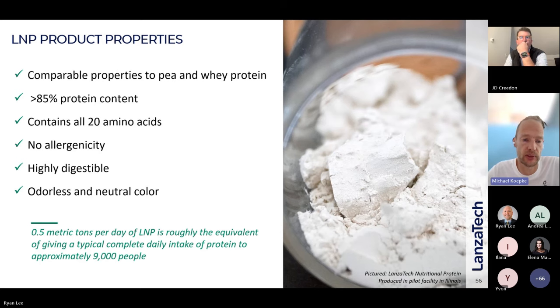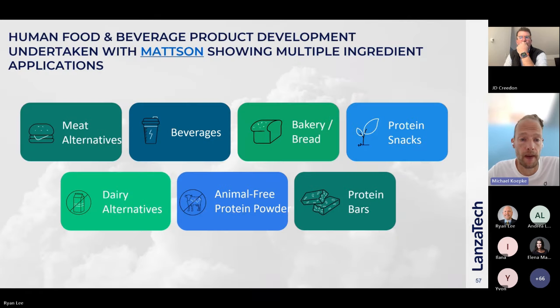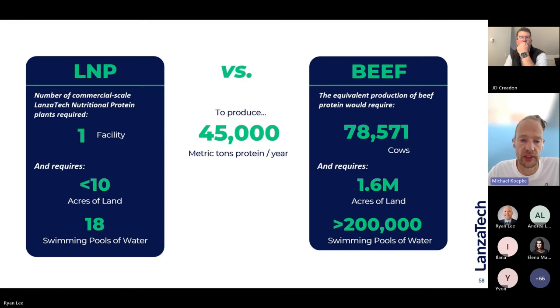And continue one slide. We've already worked with partners to develop ingredient applications from protein shakes and snacks and bars to meat alternatives and bread. And we're right now in the process of getting GRAS certification. And again, to just note some of the benefits here, one facility can produce 45,000 tons of this protein a year.